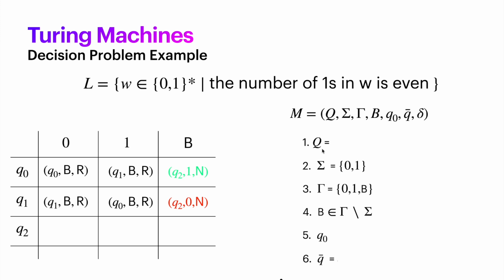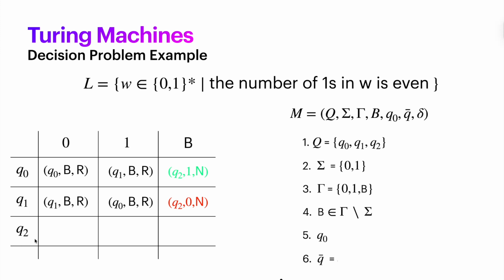Now, how many states do we need? Here we only need 3 states as described here: Q0, Q1, and Q2. Q0 would denote that we have an even number of ones so far, and Q1 would denote that we have an odd number of ones so far.